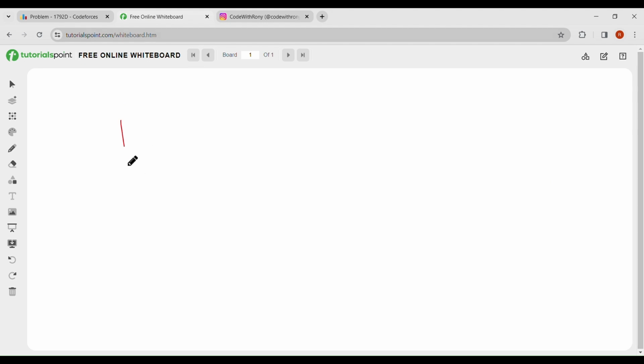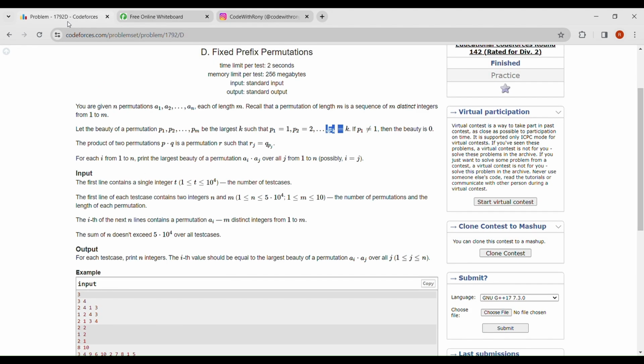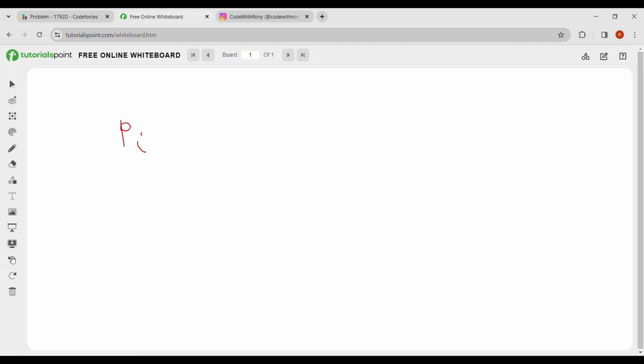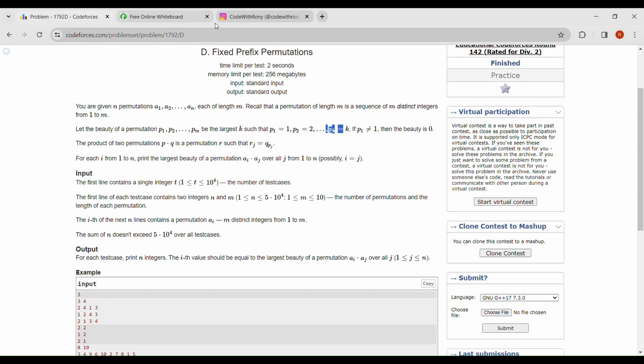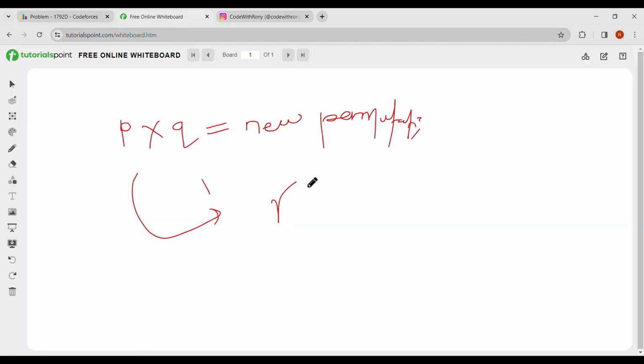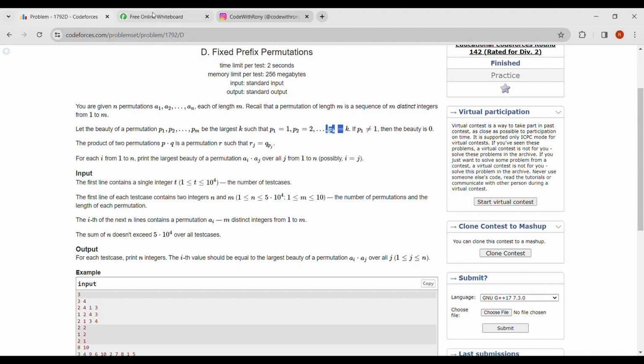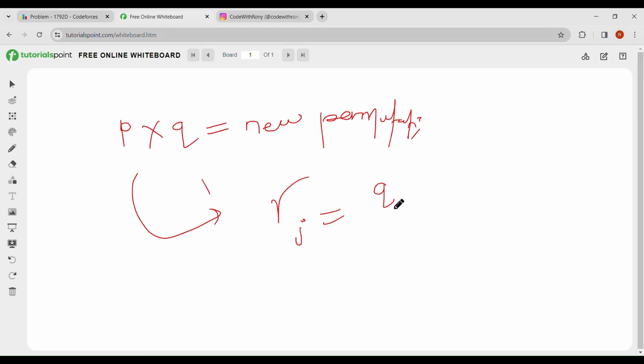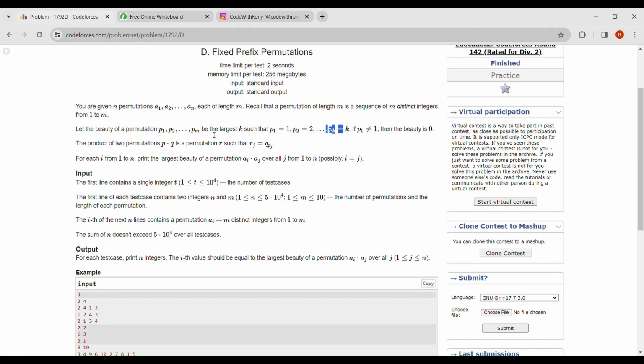You can take p and multiply by q, which results in a new permutation, in which the updated values will be r_j equals q of p_i.